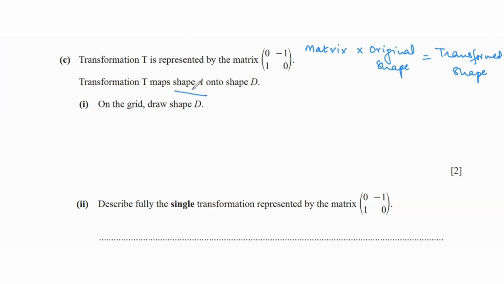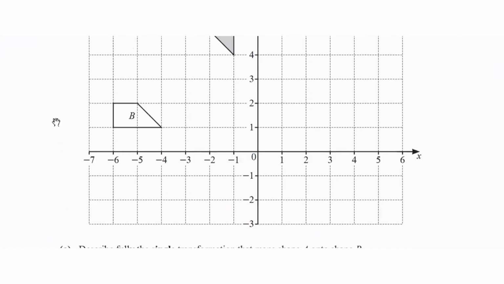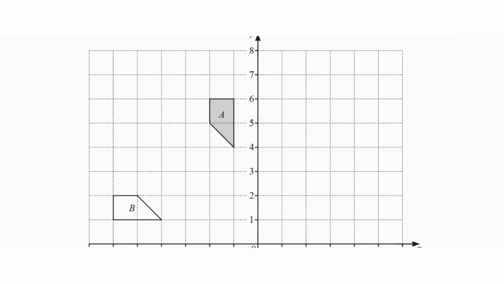So original shape is A and transformed shape is D, or you can call it the final shape. So we're going to pick the coordinates of A and transform them step by step, and then we'll get the coordinates for shape D. So first, let's write down the coordinates of shape A. Shape A has the coordinates of negative 1, 6.